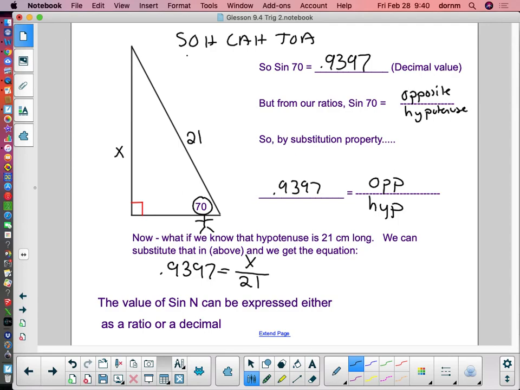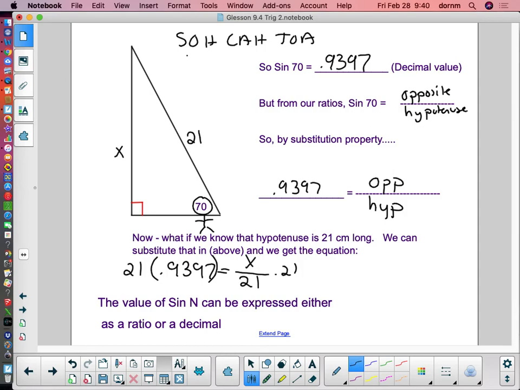What do I do? Times both sides by 21, yeah. Okay. Am I multiplying the 70 by 21? No. I'm multiplying the value of sine 70 by 21. The angle measure itself doesn't get multiplied, but the value of sine 70 in this case.